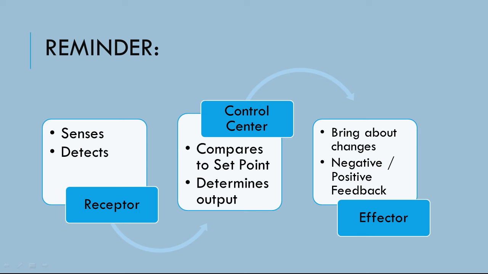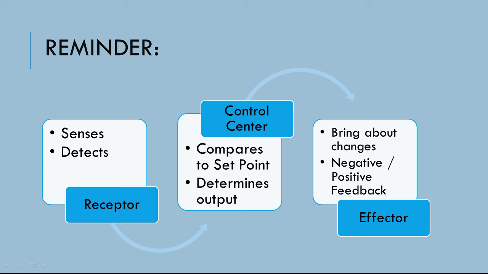So, to tie it together, we've got to remember where we've been, where we're going. If I want two cells to talk to one another, one cell needs to have a what? A receptor, and the receiving cell should have a what? An effector.